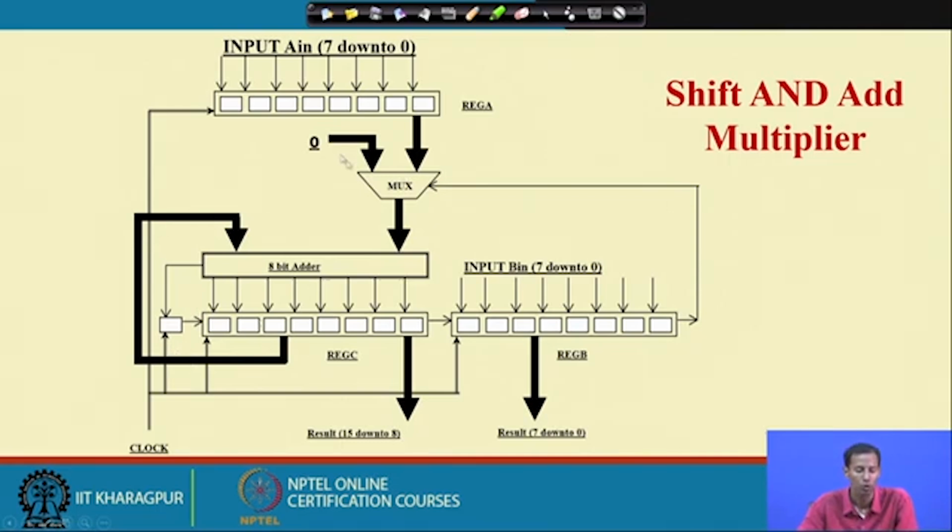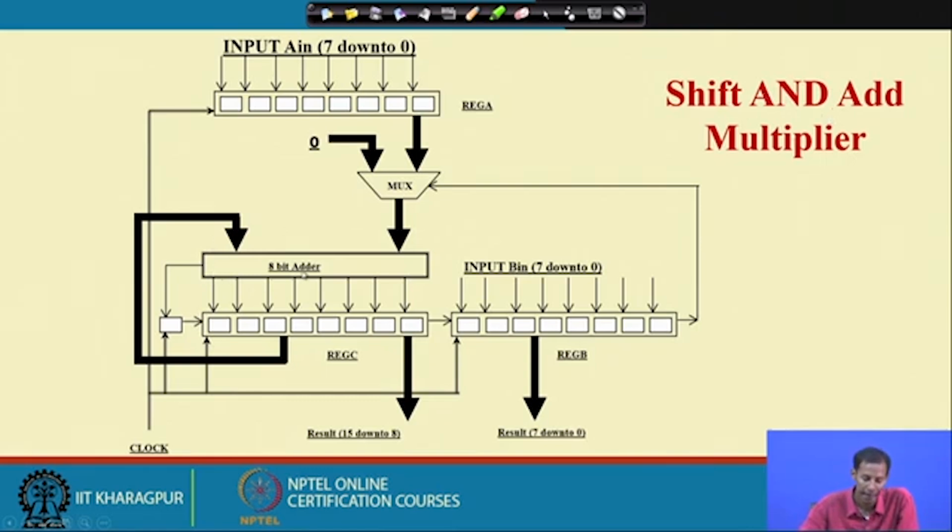The addition operation is basically controlled by this B in. How exactly this circuit is operating, I will come to later. So, I am having two registers, A in and B in, and one adder. What I need is shift and then add.